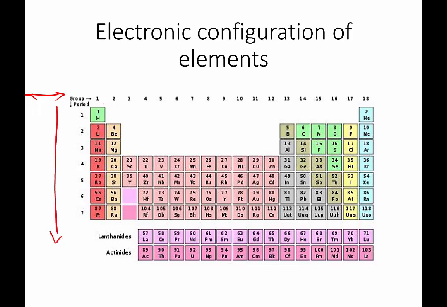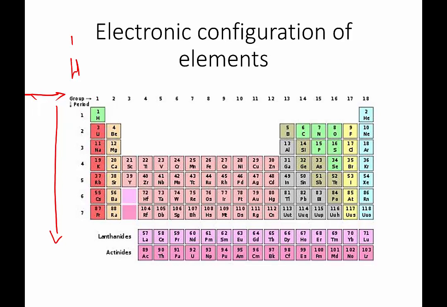So you start with hydrogen, with only one proton and so one electron, and this element will be in group 1 of period 1.